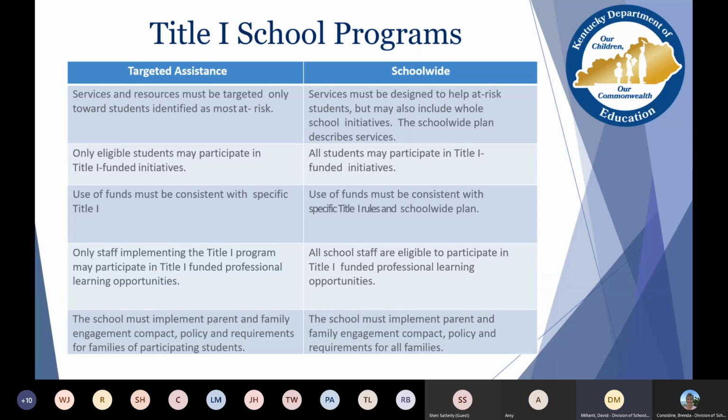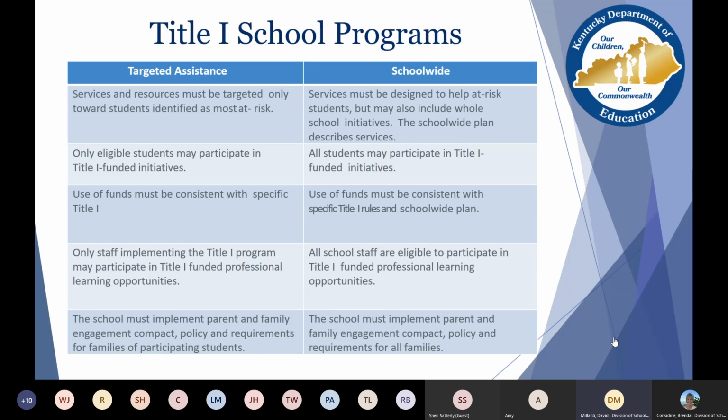If you do have a targeted assistance school and you see that there would be benefit to serving that school, you might be able to apply for a waiver to serve it as a school-wide program.